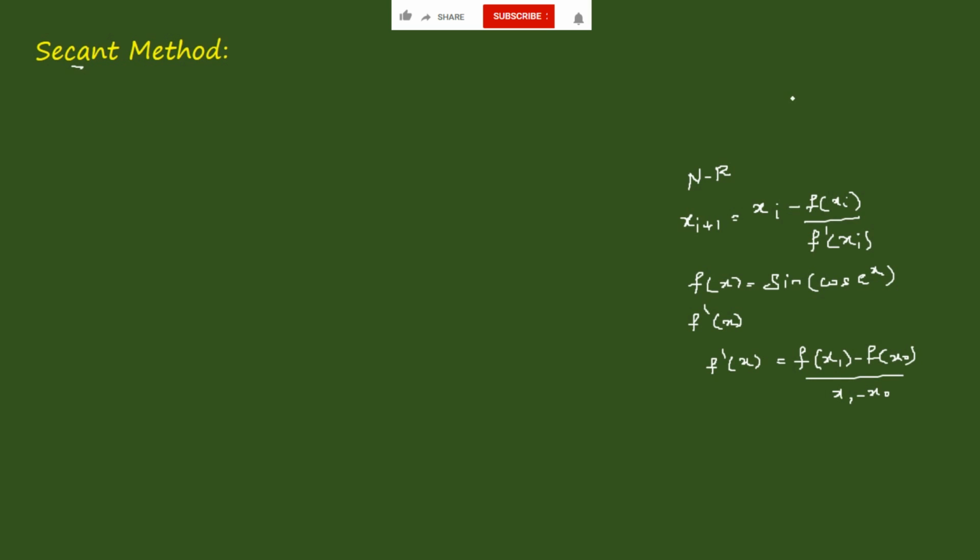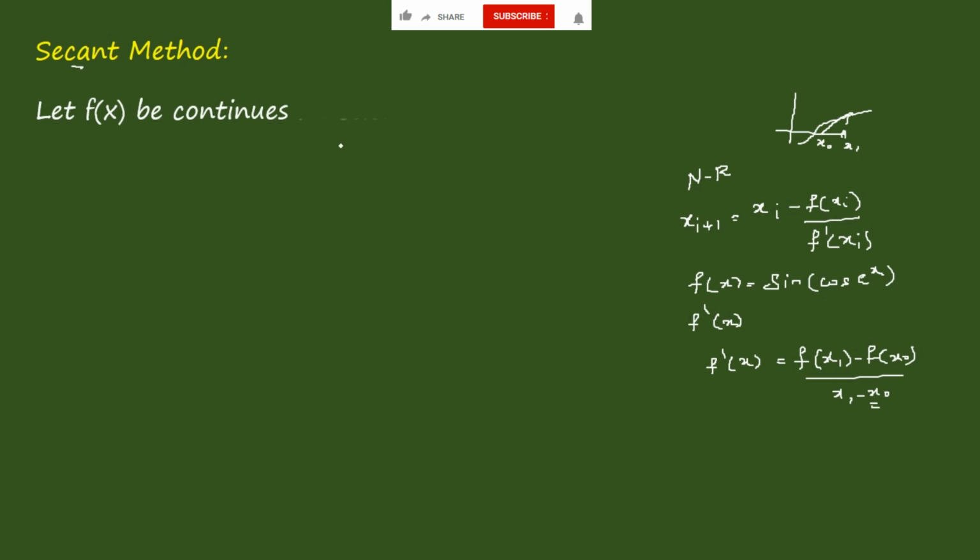If you consider a graph, any graph, and want to find the slope between x naught and x1, f dash of x is nothing but f of x1 minus f of x naught by x1 minus x naught. By using this, we are defining one more formula to find the root of a function.